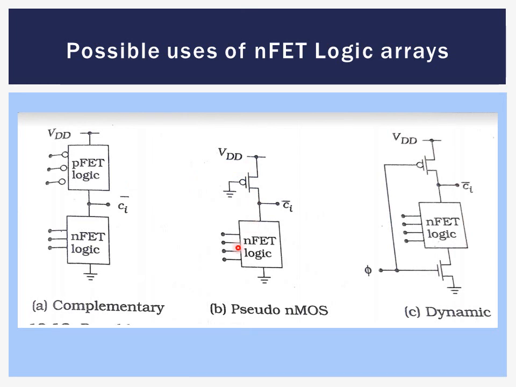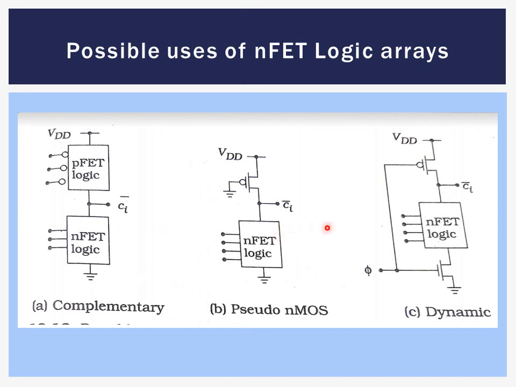However, here we have to think of the design issues such that the device ratios will be such that the VOL is sufficiently small without using an excessively large value of the NFET. That means the NMOS size should not be excessively high.